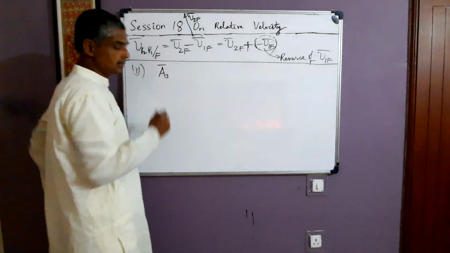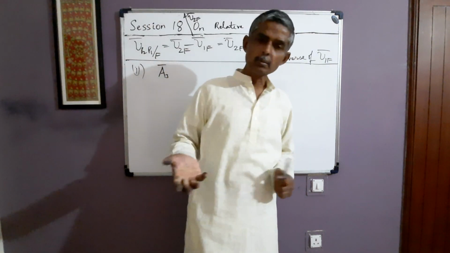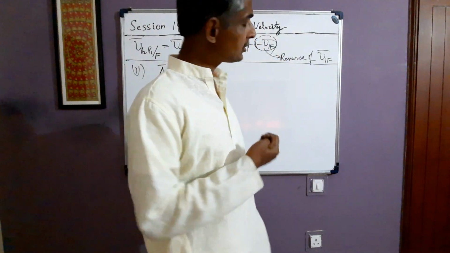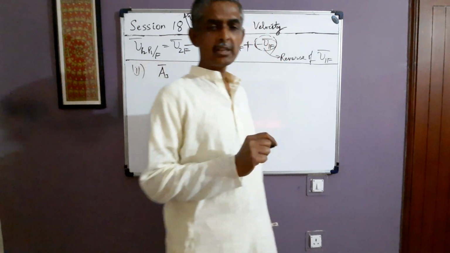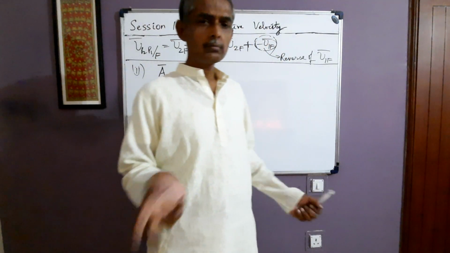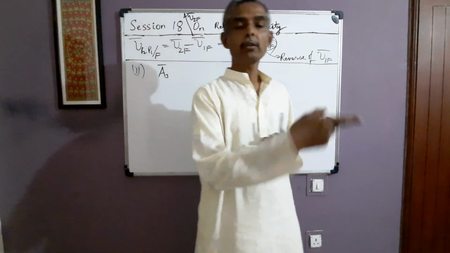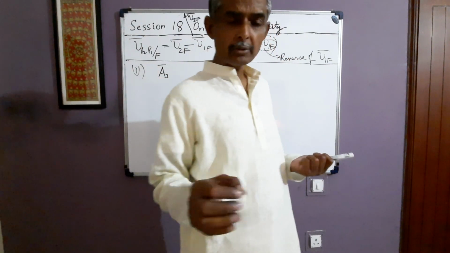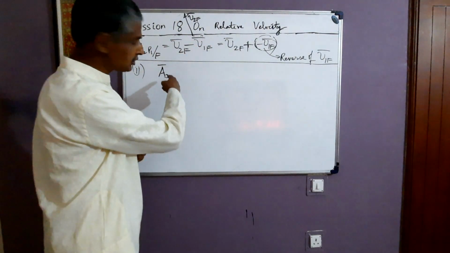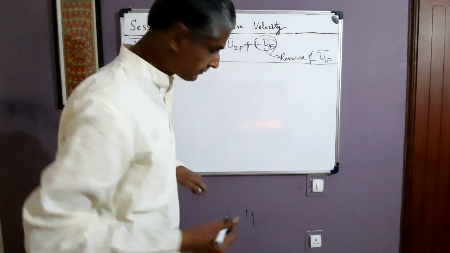See, I am just refreshing this concept of vectors, but it should be kept in mind, because I've seen many students make mistakes in finding the relative velocity between two points when their velocities are parallel or anti-parallel. That's why I am refreshing this concept of vector addition here, okay?